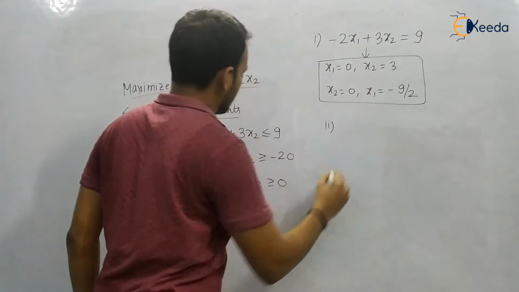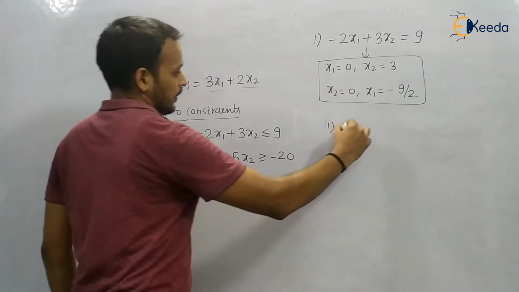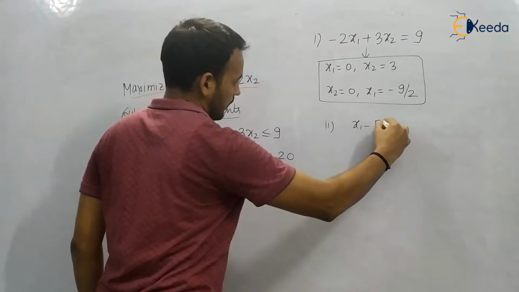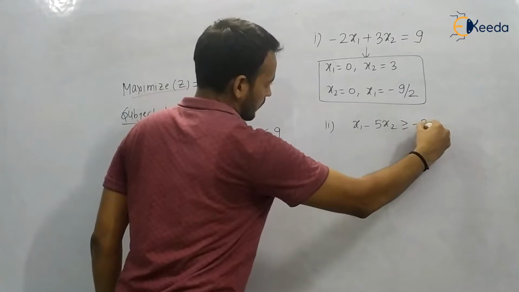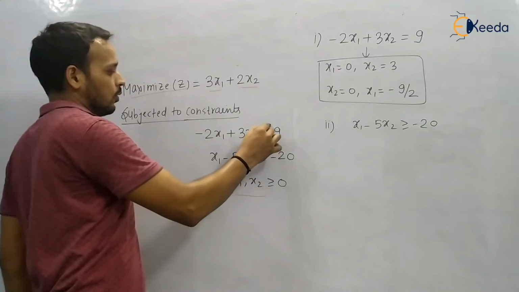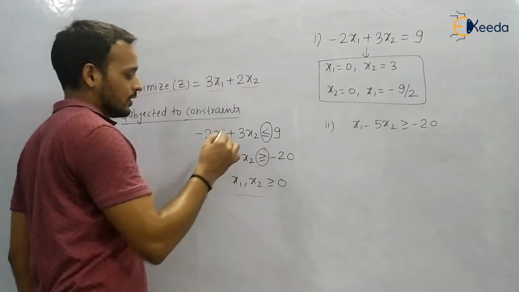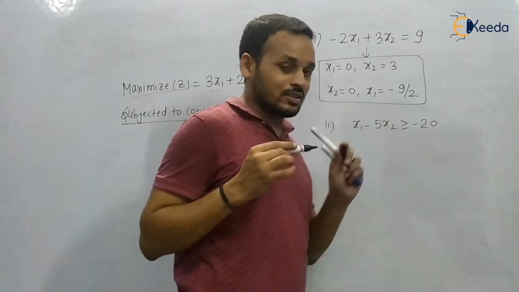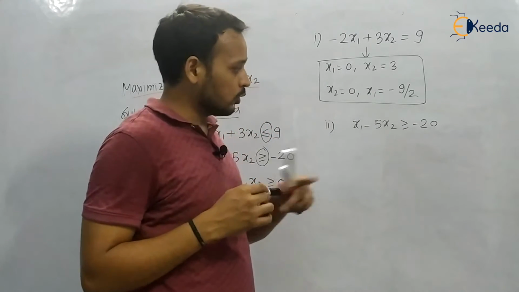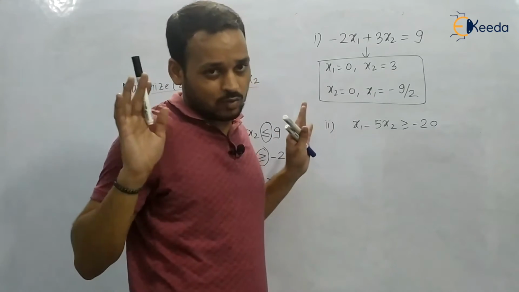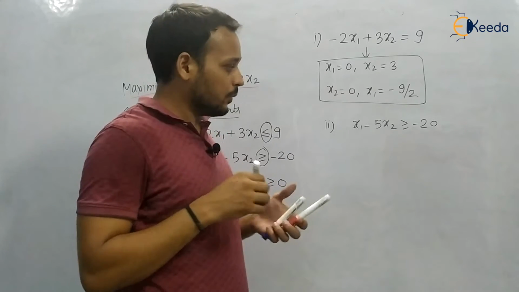The second constraint is x1 - 5x2 >= -20. You can see the constraints are of mixed type: one is less than or equal to and the other is greater than or equal to, and the RHS is negative. So we have to make the RHS positive, it will be much easier.